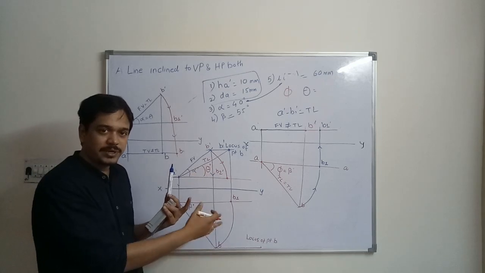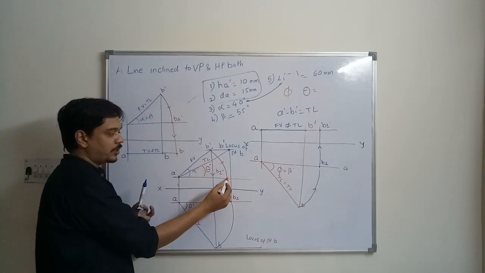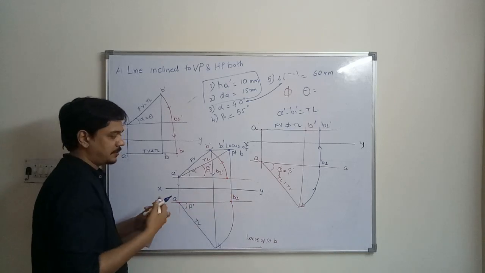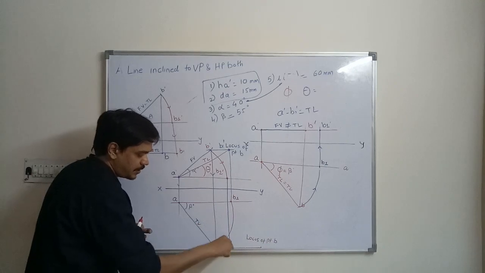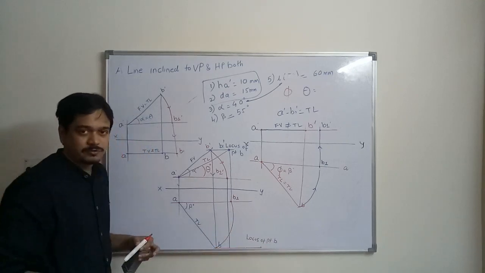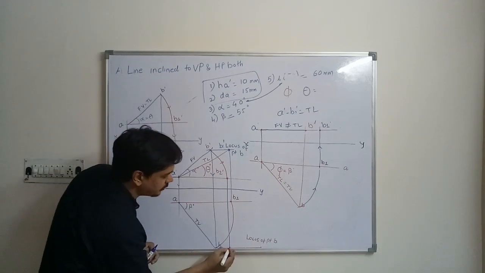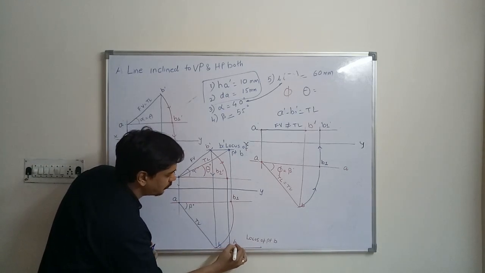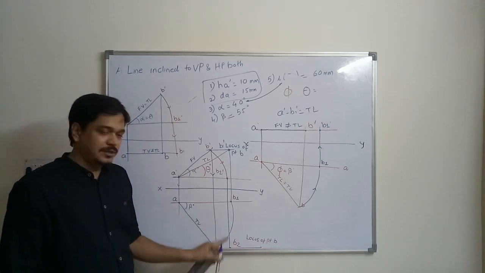The corresponding movement will lie on a horizontal line. So how to locate B2? You will simply project this B2 dash point straight downward. The intersection of this locus of point B and this vertical projection will give you point B2. You will get the B2 point in this way.